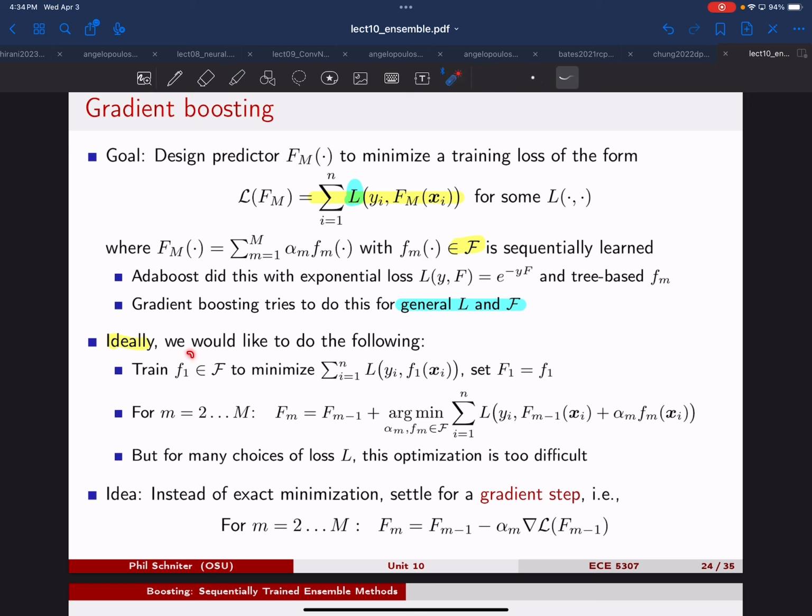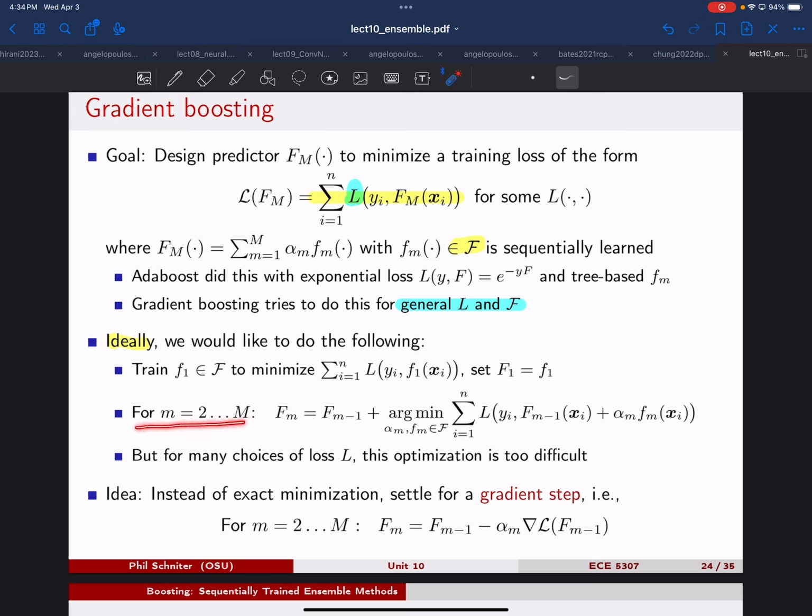We want to start out with our first classifier, and we want to train it to minimize the loss on our training data. So this is reasonable. We know how to do this. And once we do that, in this case, we'll set alpha 1 equal to 1. So our first boosted classifier is just our first base classifier.